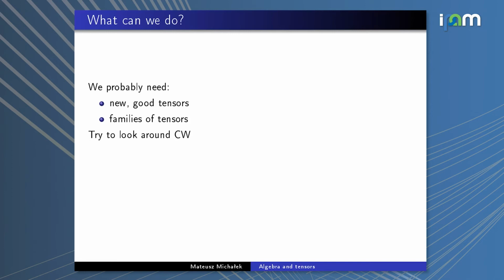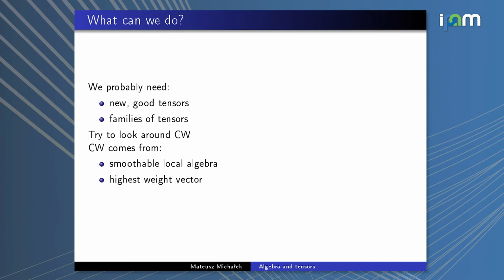So if you give me a tensor and you don't tell me much about it, it will be very, very hard for me to say what's the bound on omega from this tensor. So how to look for good tensors? Well, we could try to start looking around the Coppersmith-Winograd tensor. That is, we could try to start exploiting the properties of the Coppersmith-Winograd tensor and see if there are other tensors with such properties.